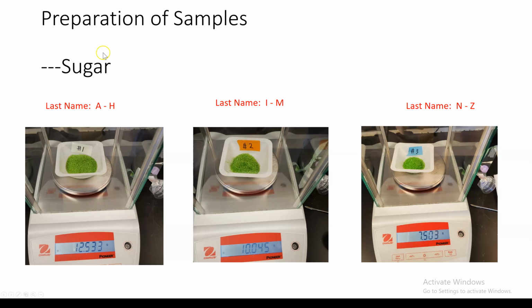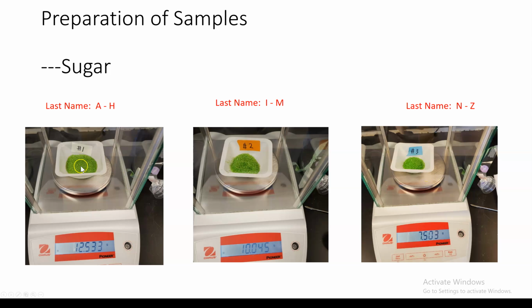So let's get started. In this lab, there will be three types of samples, and these are the assignments for the samples. If your last name is from A to H, you will be working with mixture 1. If your last name starts with I to M, you will be working with mixture 2. And if your last name is from N to Z, you'll be working with mixture 3.